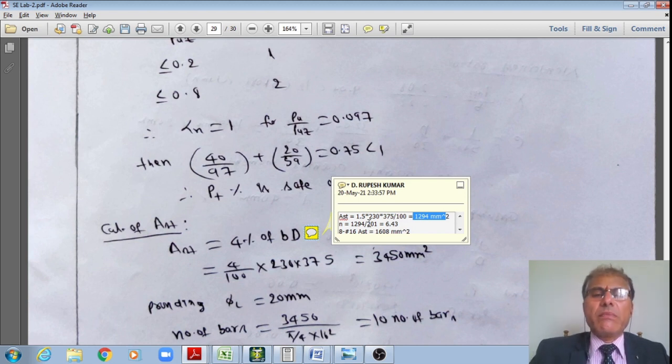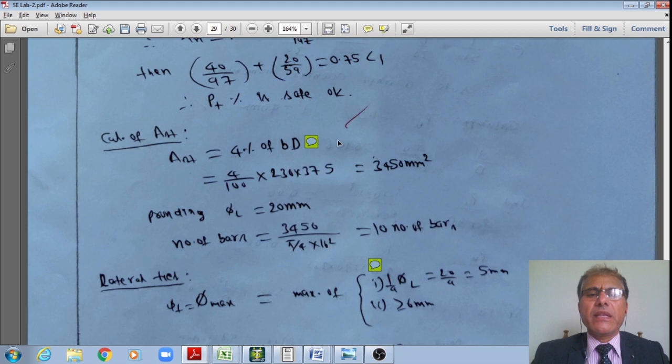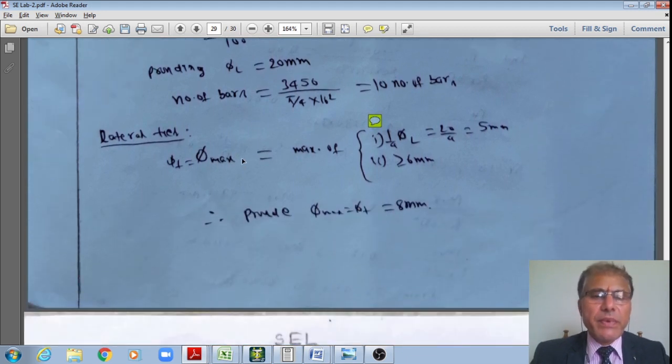Therefore the number of rods required is 1294 divided by 201, which is 6.43. Since it is assumed to be provided equally on 4 sides, provide 8 bars of 16 mm dia, which furnish 1608 mm square, which is greater than the required value of 1294. That is how the design of the main steel is done, student.